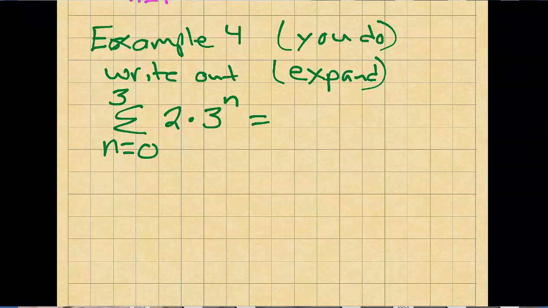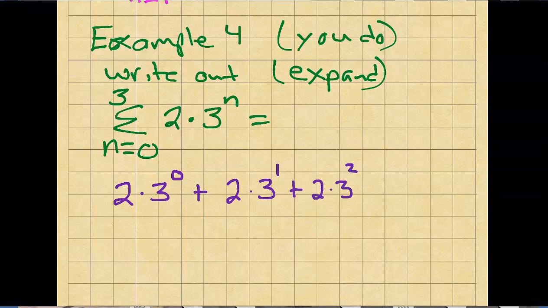Okay. So you should be back here, and I'm going to write it out now. So if I wrote it out, the first value would be 2 times 3 to the 0 power plus 2 times 3 to the first power plus 2 times 3 to the second power plus 2 times 3 to the third power.